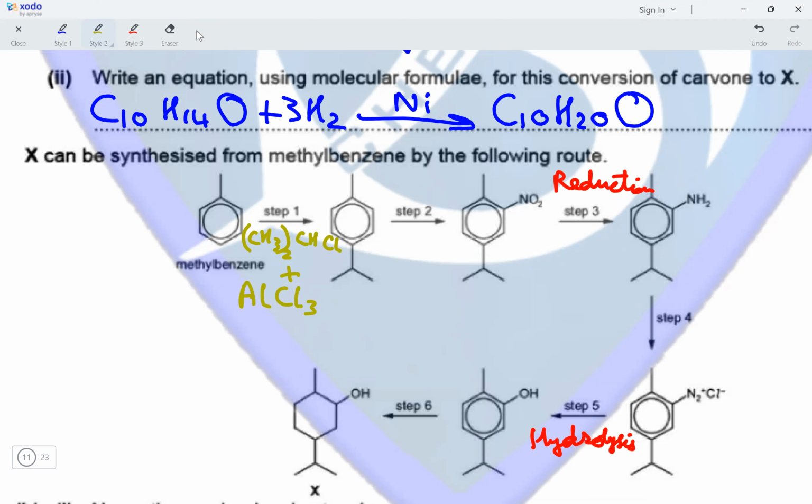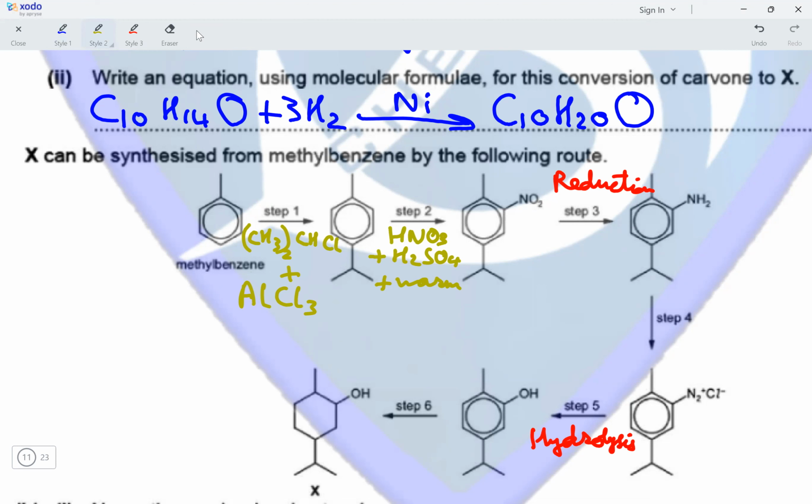In step 2, we've got NO2 being added onto the alkylbenzene. So the reagent needed for this is HNO3 along with the catalyst H2SO4, and we need to warm in order for this reaction to occur.